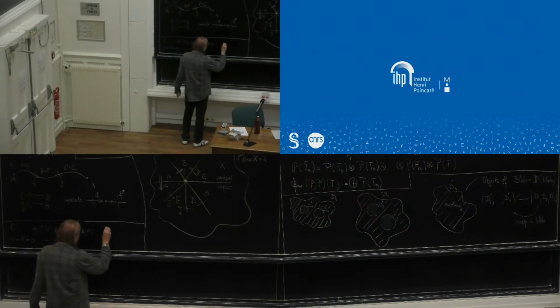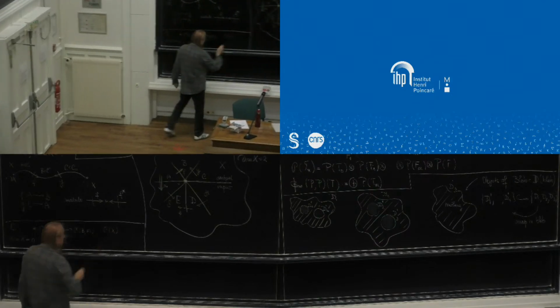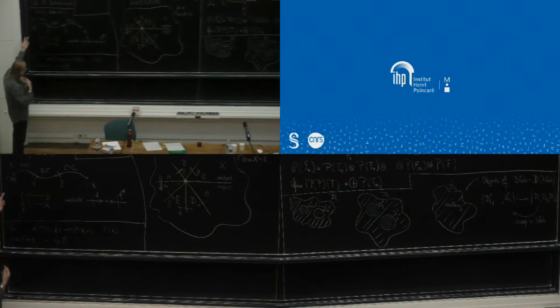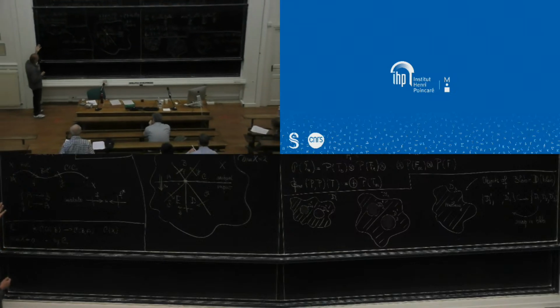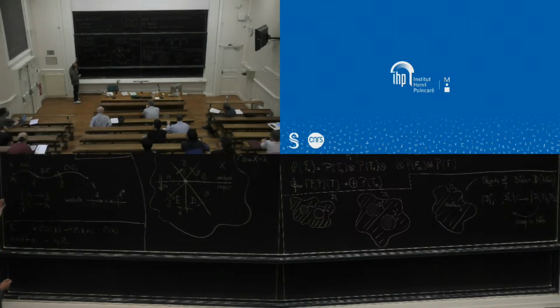So what are the fields on a one-dimensional manifold X? A one-dimensional manifold X is basically either an interval or a circle, if it is connected. So the fields consist of the following data.